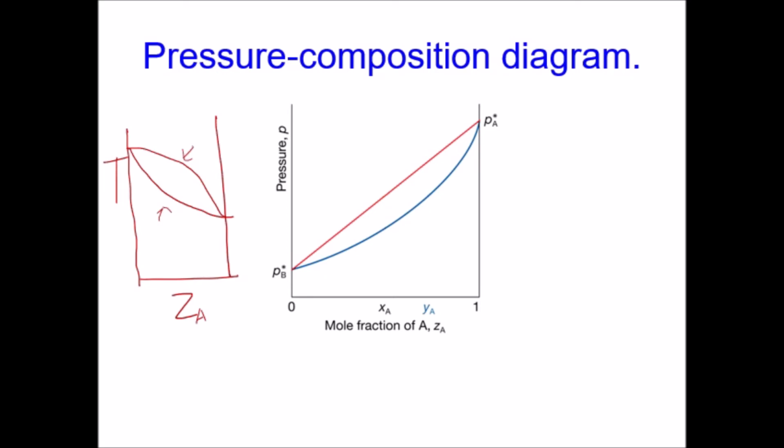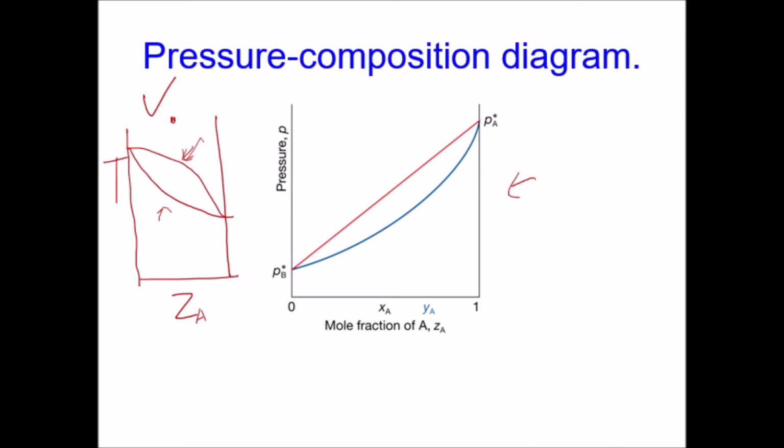And if you look at the pressure composition phase diagram, you see they look similar, but there are important differences. Again, for the temperature composition, the high temperature curve is the vapor composition curve. Any point above it is a single phase vapor phase, all right? Because high temperature favors vapor phase.